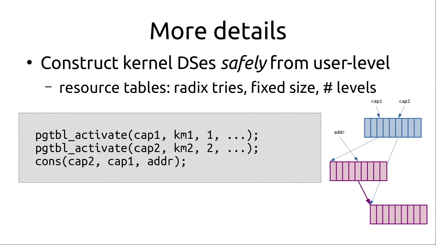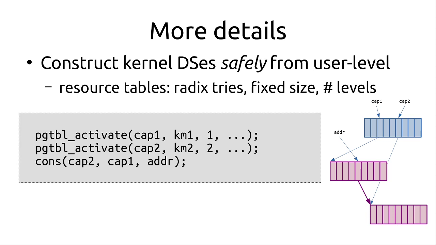What this is essentially saying is that we want to hook that second level page table node referenced by capability 2 into the top level page table referenced by capability table 1 at the address ADDR, right? So you can see where that is in the capability table.